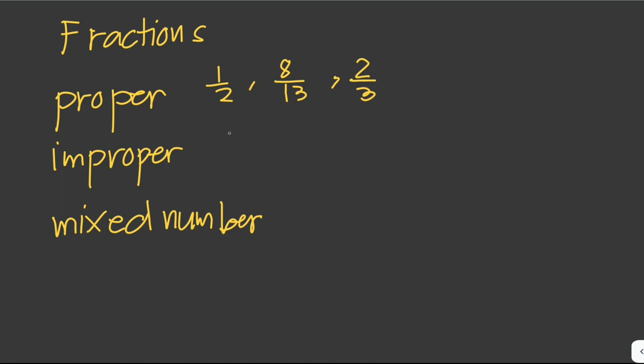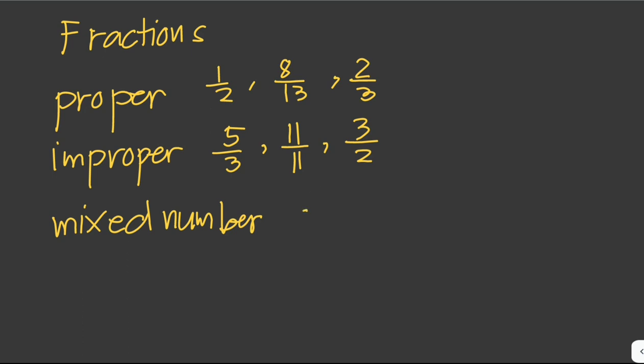Say for example 5/3, 11/11, 3/2. And then we have the mixed number. So a mixed number is composed of a whole number with a fraction written to the right of the whole number.